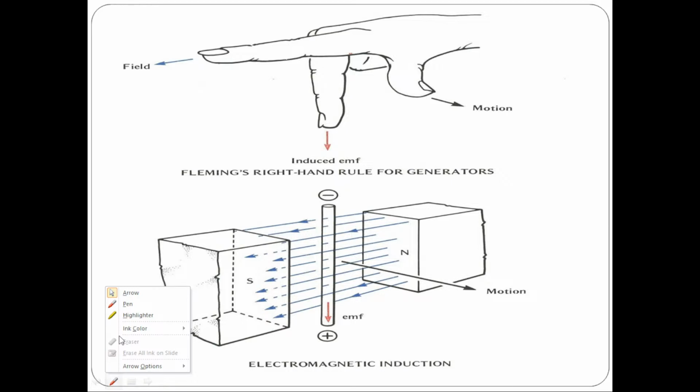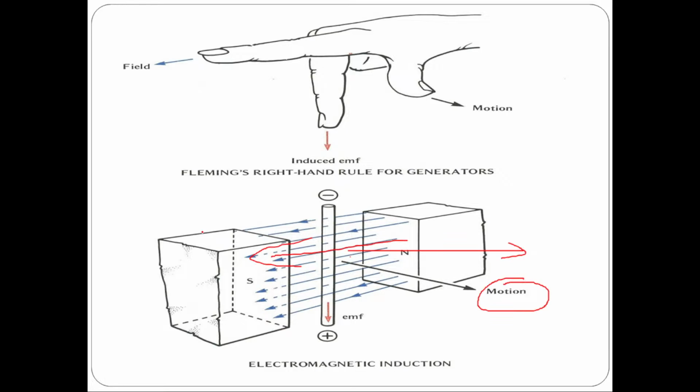It means the conductor or coil is moving in this direction, and perpendicular to that voltage, or EMF, is induced. EMF is nothing but electromotive force, the voltage that is induced in the generator. So they will be perpendicular to each other.